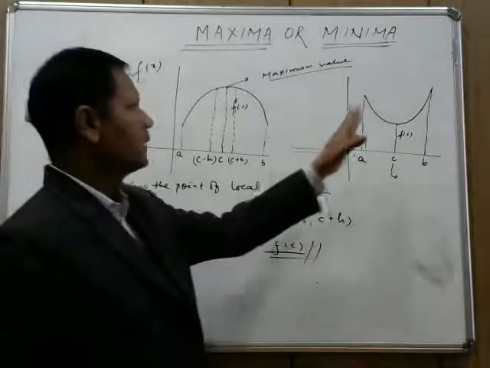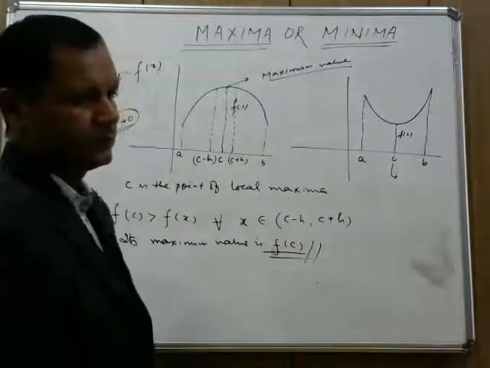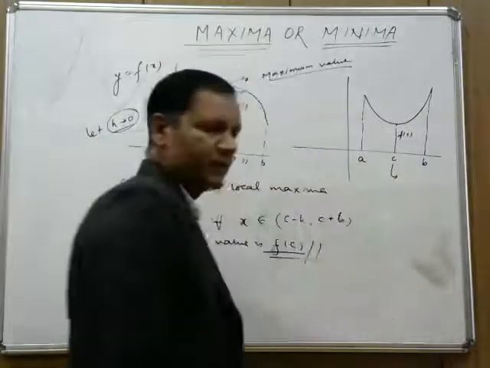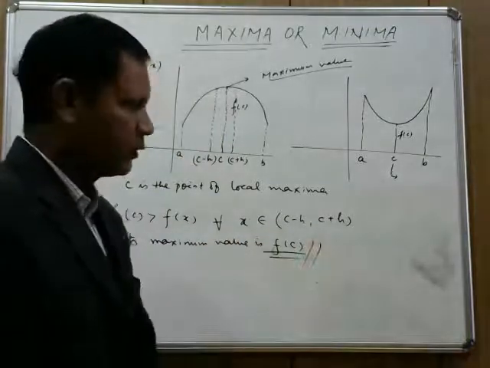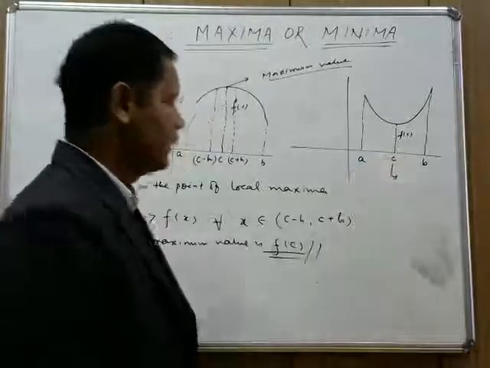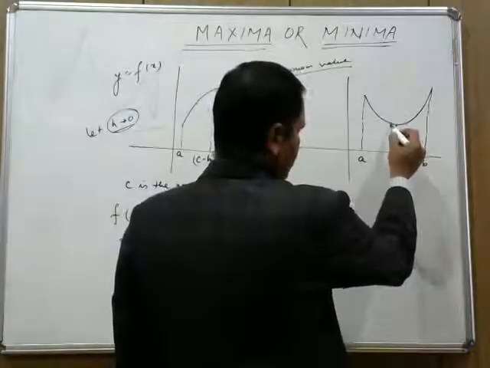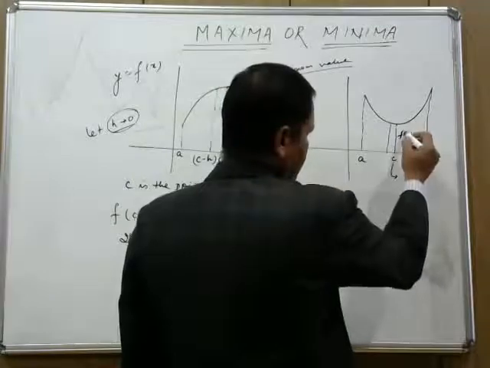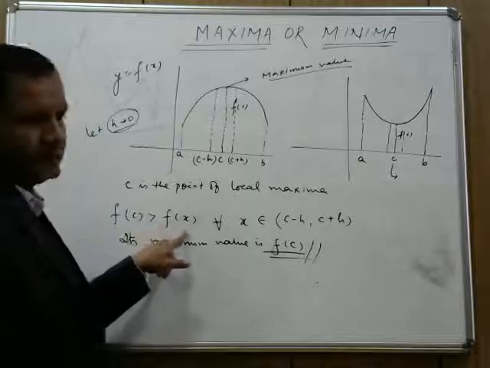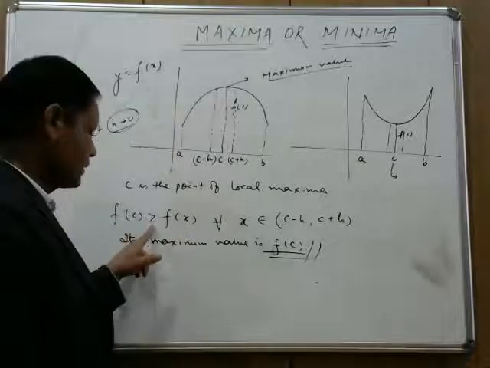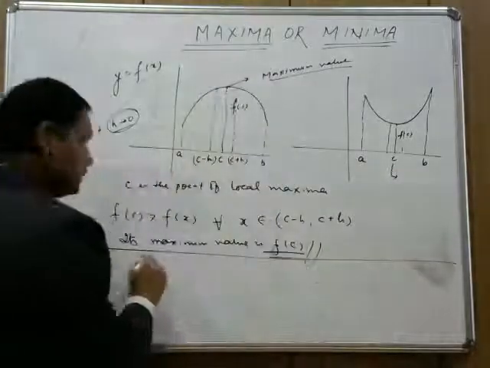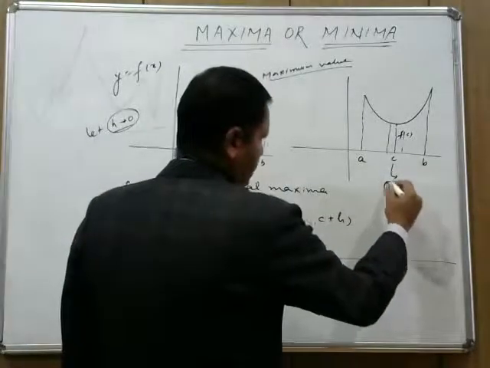Now for the minima, what can I say? Here c is the point of local minima. Let us see whether you are able to get it or not. If I take one point here, here you will have c minus h, here c plus h. That's why f of c is less than f of x. This was for the first figure.